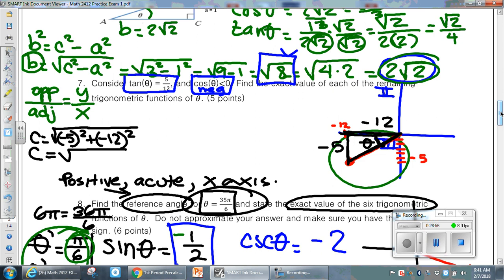I'm so tired of fake news and fake facts. Alternative facts. There we go. Okay, so this will be positive 25. Don't you ever say it's negative 25. And then we have a big plus here because we're finding the hypotenuse, not a side of a triangle. So then the square of negative 12 is also positive because it's a negative times a negative.